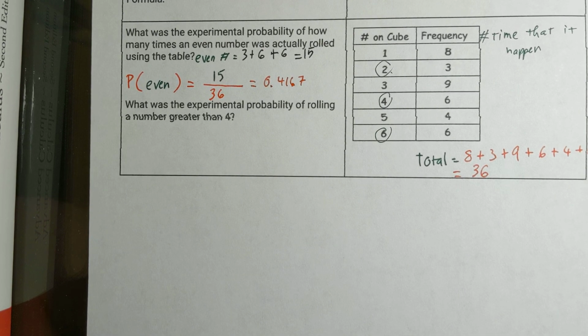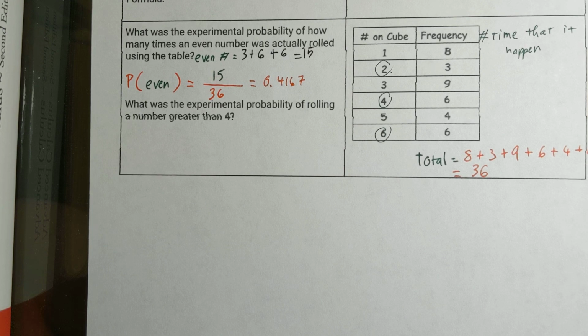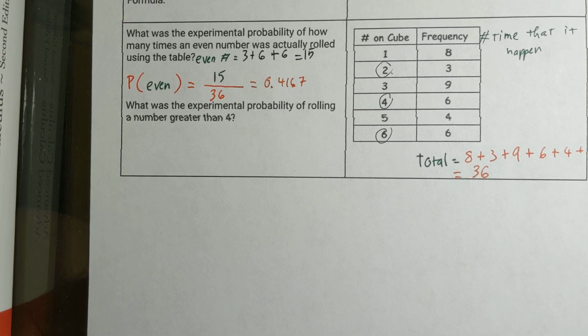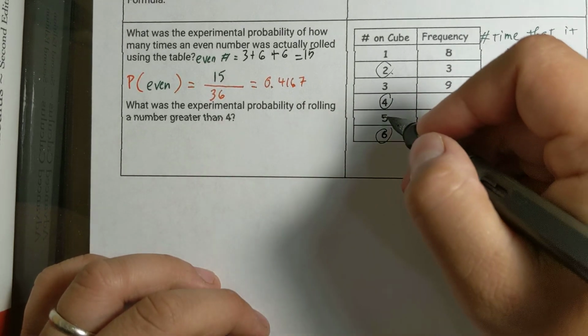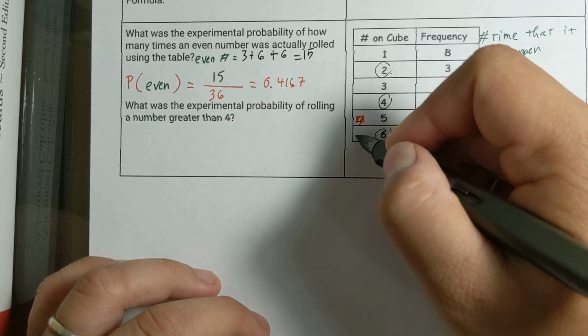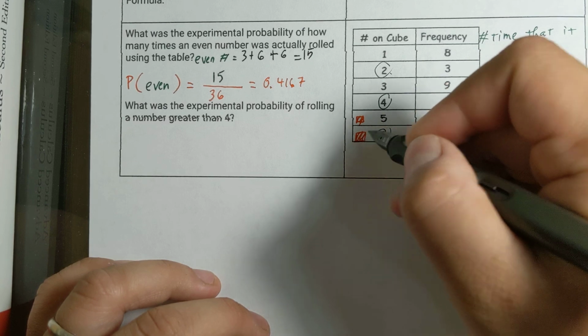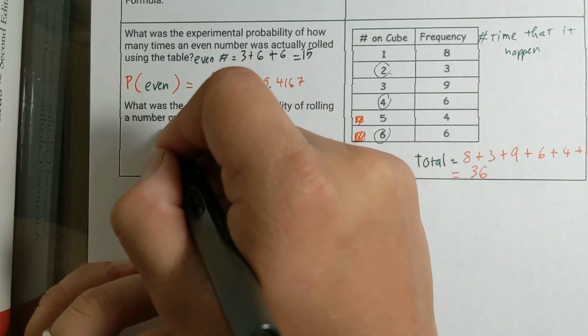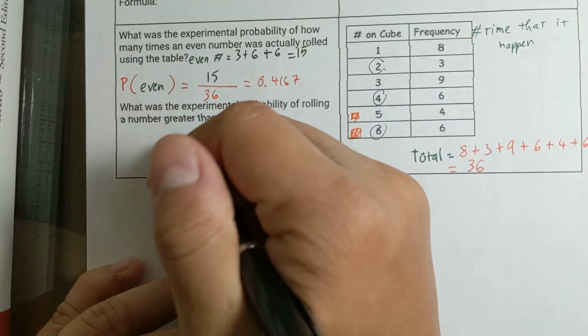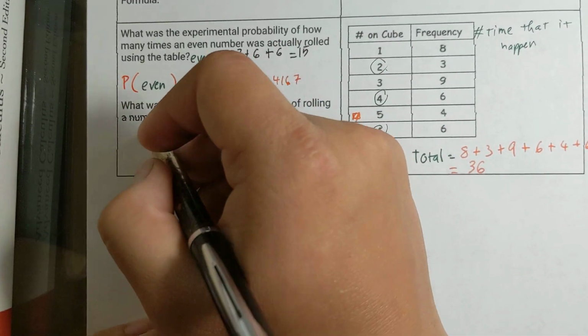For the next question, they ask what is the experimental probability of rolling a number greater than 4. Greater than 4, meaning it could be 5 and 6. So it could be this number here, this number there. Same concept, we have to find the outcomes of those.